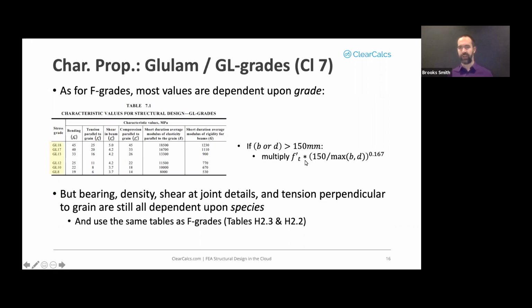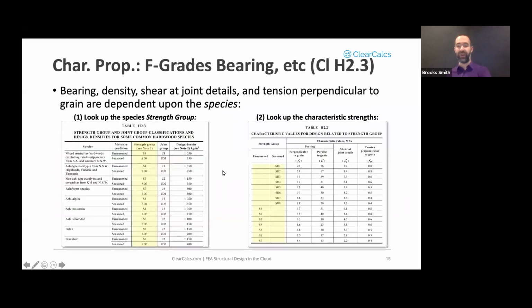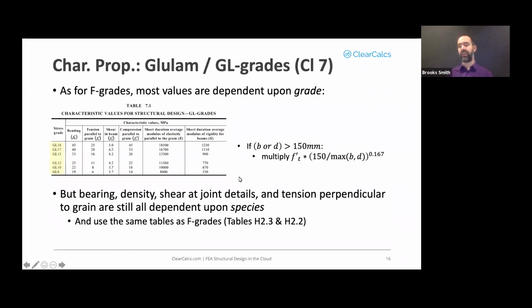It's only for tension here for glulams. You'll notice that bearing, density, shear joint details, and tension perpendicular to grain still aren't listed here. Those, again, are dependent upon the species. So for glulams, just as for F grades, you need to refer to tables H2.3 and H2.2, same as we did for F grades, to find the remainder of your characteristic properties.